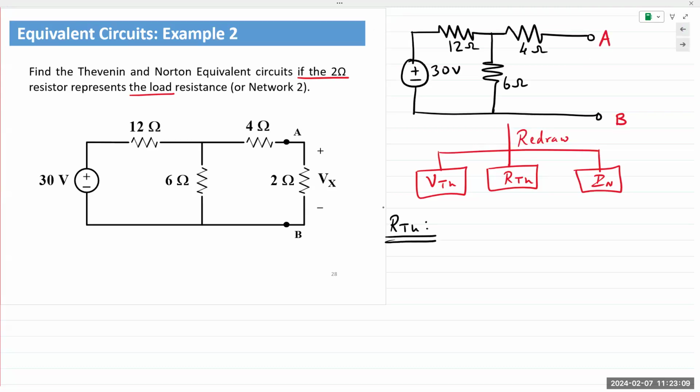So RTH, again, reduce all independent sources to 0. The only independent source in here is that voltage source, and I will replace it with a short circuit.